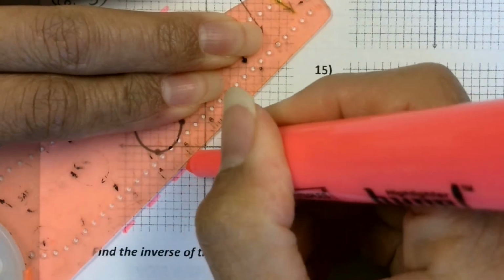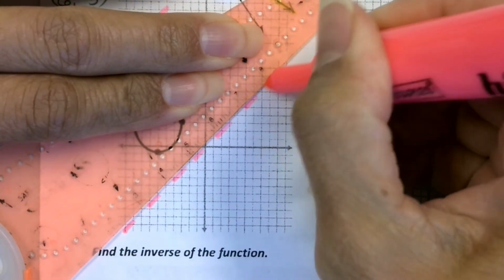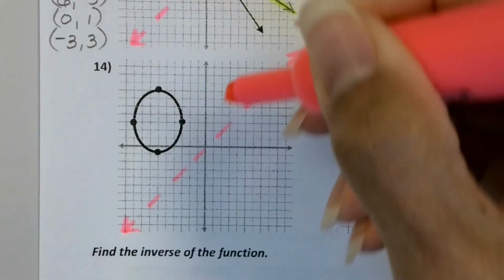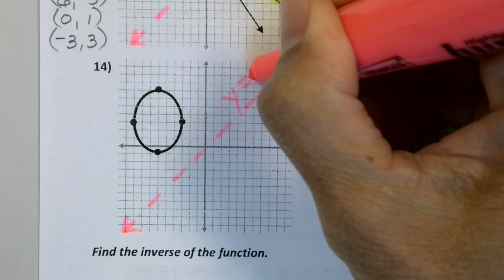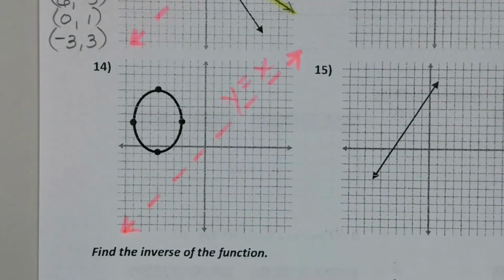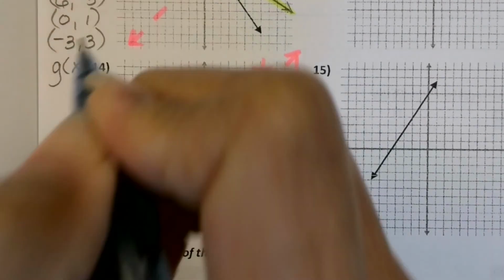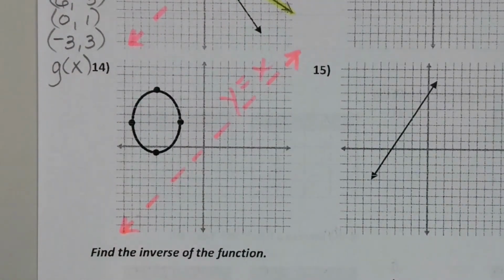That oval, if it reflected over this line, where would you end up graphing it? Okay, so let's call this oval graph the g of x graph. Go find your points and pause the video so that you can work this problem out.